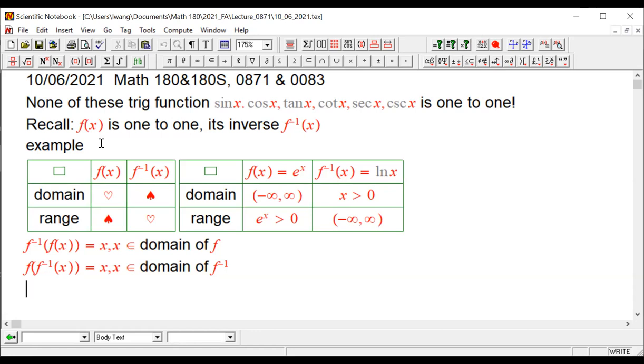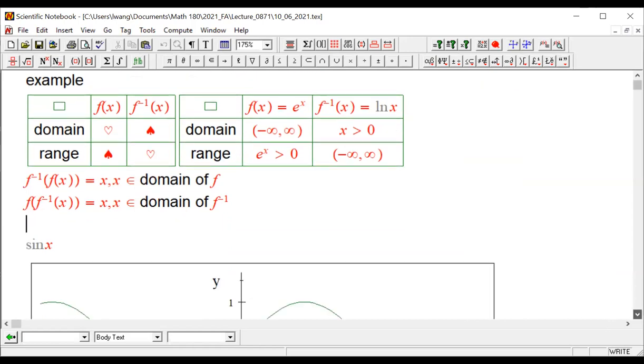In fact, for any inverse relationship with domain and range specified, they're always going to have this same relationship. We're going to see the details because the trig functions are a little more complicated, since we have to set the stage. But in terms of these critical properties, no difference. You just have to know how to use it.